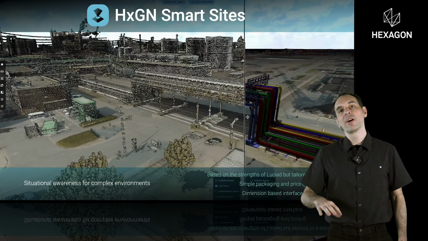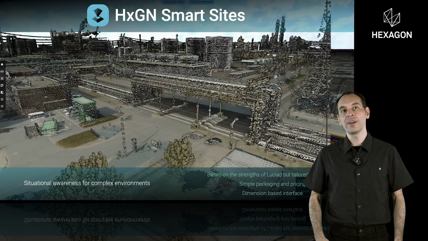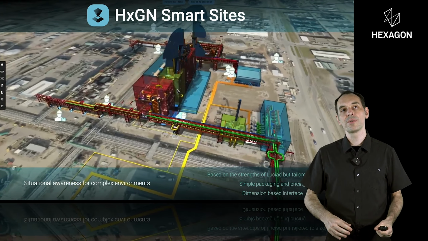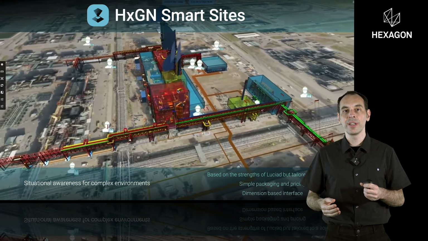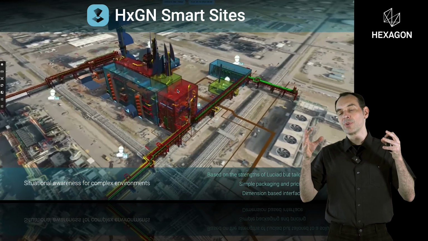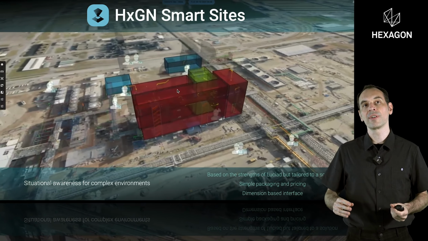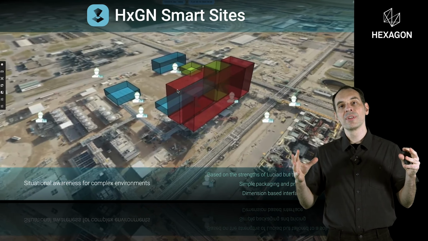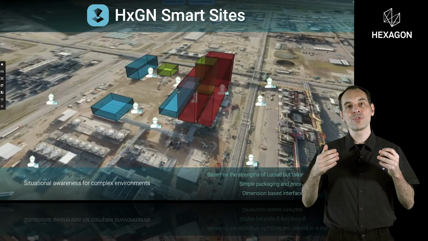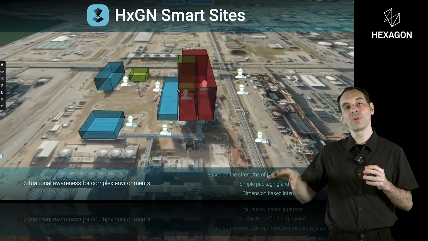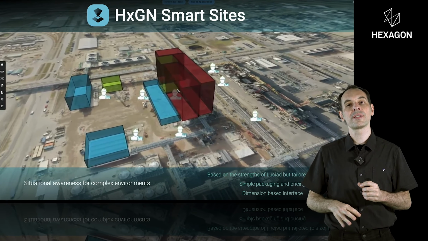You can see a combination of datasets coming together, BIM data, point clouds, etc., but also operational data such as work permits, restricted zones, people tracking, historic analysis, etc. And finally, it keeps the idea of customization, so you can tailor this with your own workflows, your own backend datasets, and things like that.